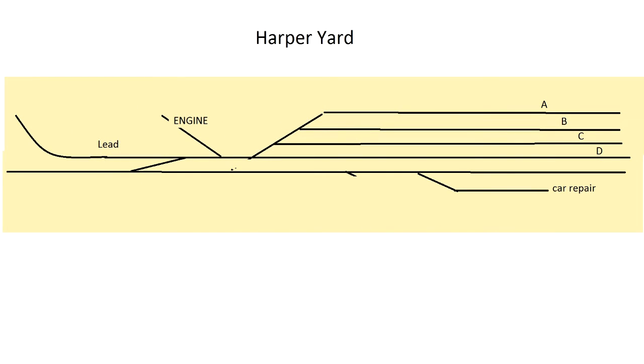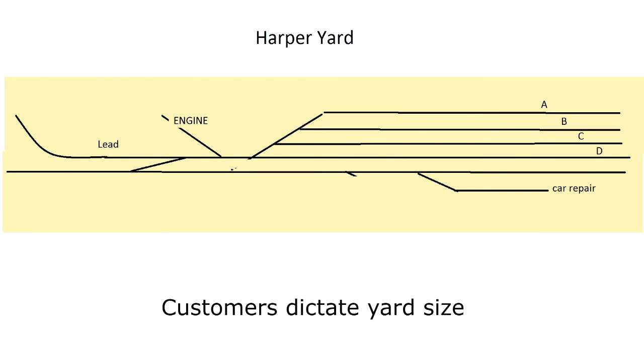So what about yards? How do I design a yard? How do I do my track planning there? It goes all the way back to the first principle. You must know your customers. Your customers dictate your yard size. Each industry should have a track in the yard.